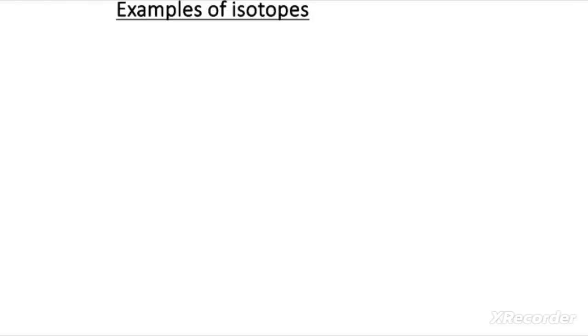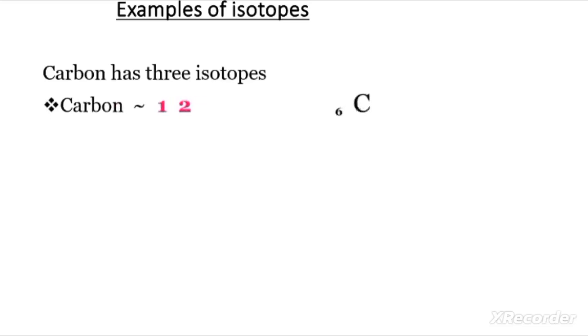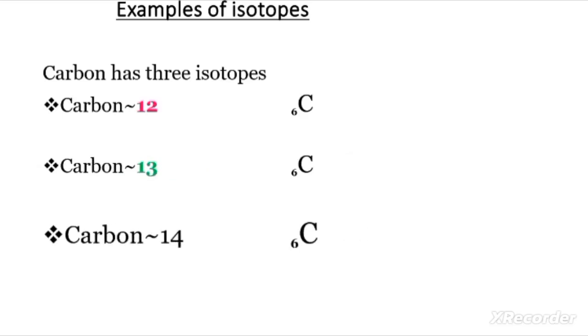Let us also look at examples of isotopes. The first example that we are going to look at is carbon. Carbon has 3 isotopes: carbon 12, carbon 13, and carbon 14.